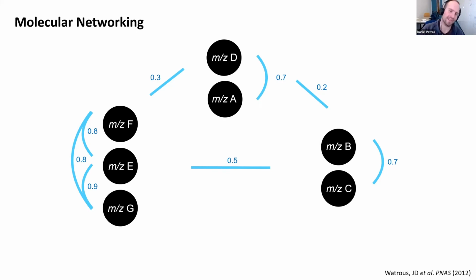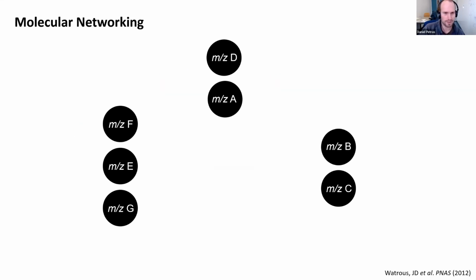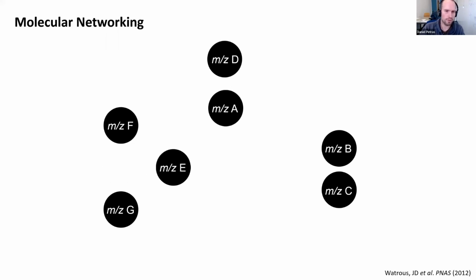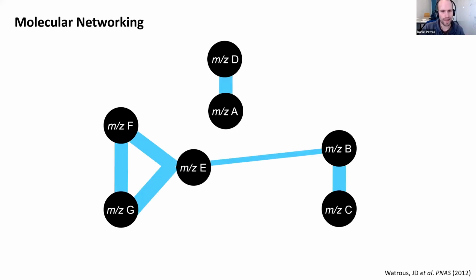So now, the way you deal with this would be: you construct this as a molecular network, and then you can compare some or all of them against the spectral library, and eventually you can identify a certain molecule and propagate the annotation to the surrounding nodes, right?